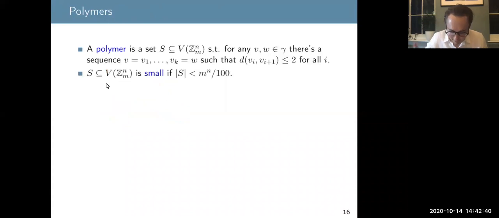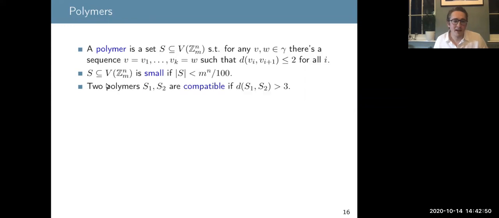Okay, let me get rid of that rather bad picture. I'll say a set S is small if it occupies a small 1% of my graph. And I'll say two polymers are compatible if their distance is greater than 3. So what's the point here of these weird definitions?